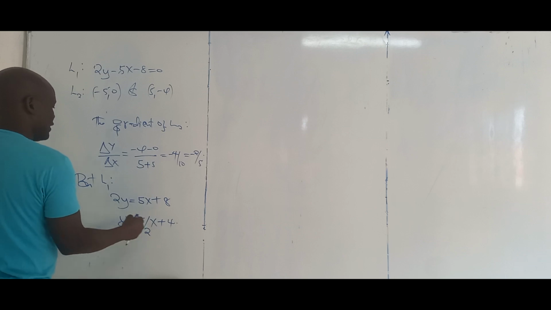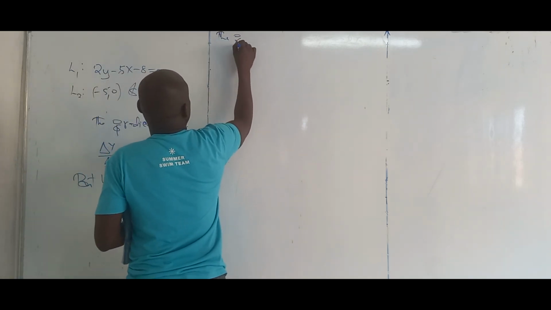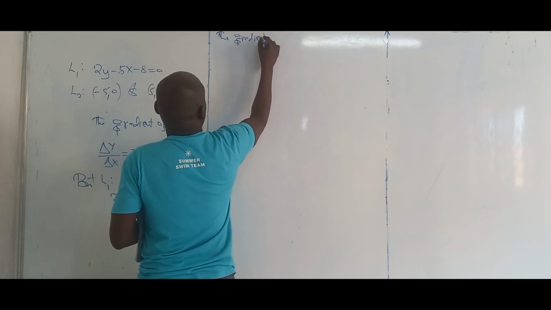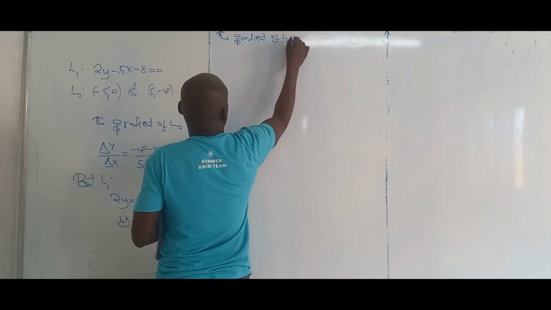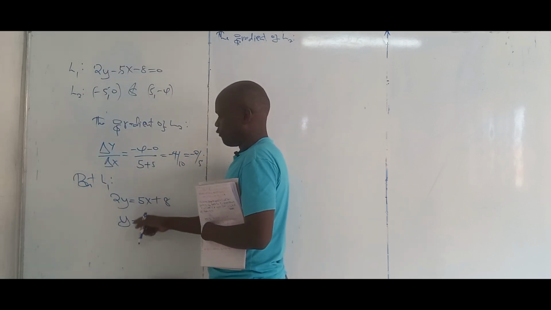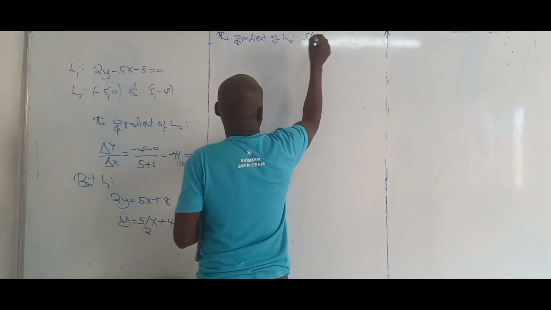The gradient of line L1 is therefore 5 over 2, the coefficient of x in this equation.